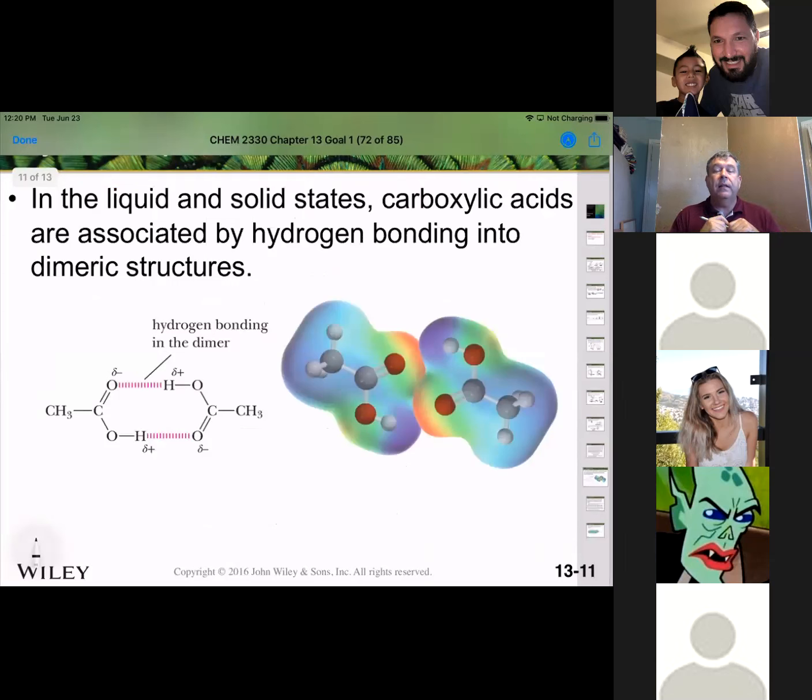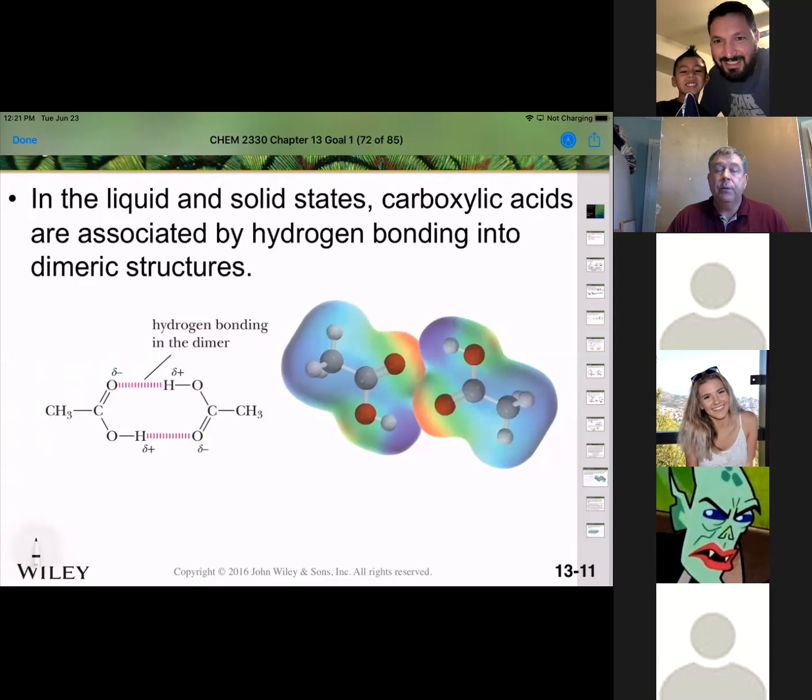All right, so now let's go to the properties. The properties of carboxylic acids are defined by their hydrogen bonding. Carboxylic acids have the highest boiling point for molecular weight of all of our organic compounds.